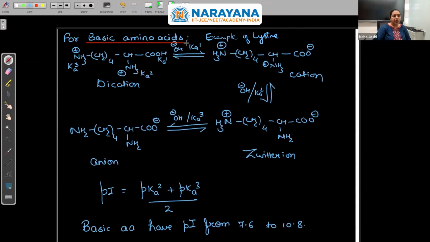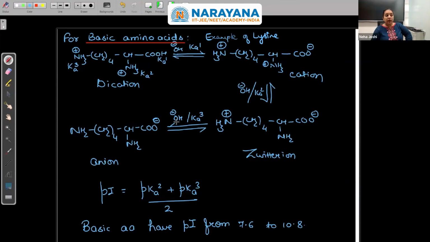Now first K1: if I introduce OH minus, of course the acid will go first. Next, remember the alpha NH3 plus is the more acidic center than this distant one, so this is gone. Now, is this a zwitterion? Plus and minus, 0. Yes, this is a zwitterion. Is this a zwitterion? No. This is 2 plus and a single minus, so it is a cation: dication, cation, zwitterion.